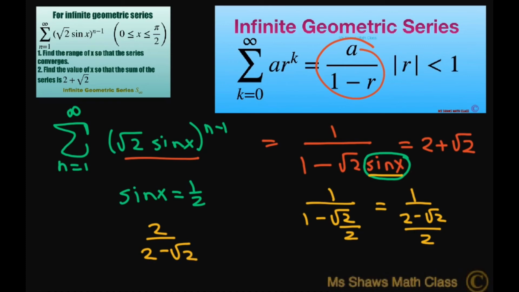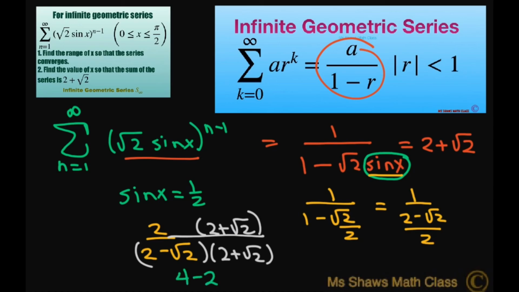When you rationalize the denominator, multiply this by 2 plus square root of 2, the denominator is going to be 4 minus 2, which is 2, and the numerator is going to be 4 plus 2 square root of 2, divided by 2. And this gives you 2 plus square root of 2.